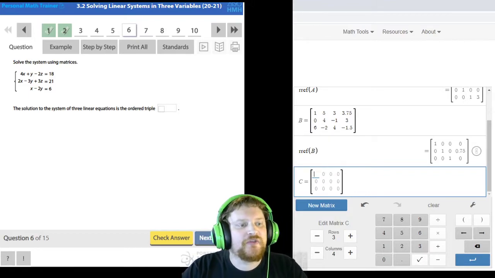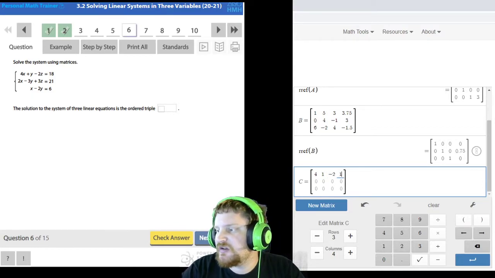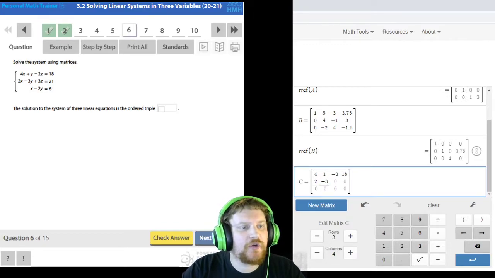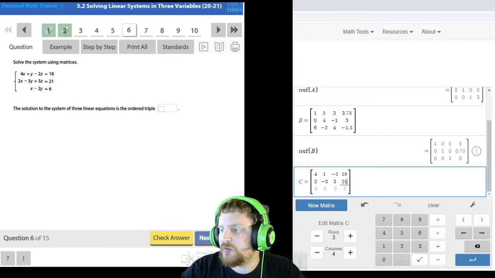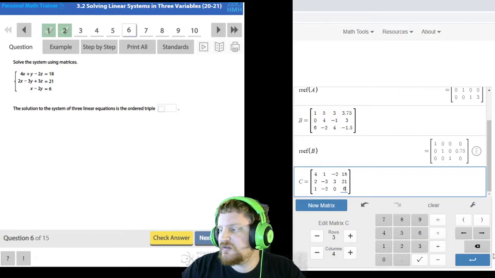Alright, so for this one, across the top we have 4x, 1y, negative 2z equals 18. Second row, we have 2x, negative 3y, 3z, and 21. And on our last row, we have 1x, negative 2y, there is no z, so we have 0 z's, equals 6.